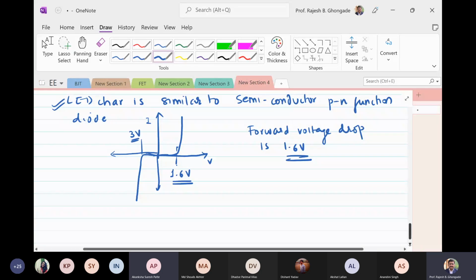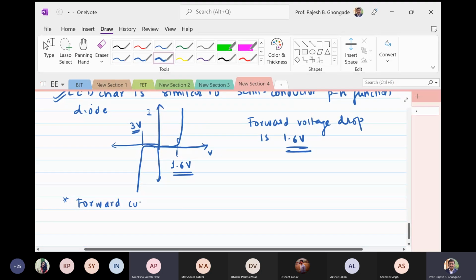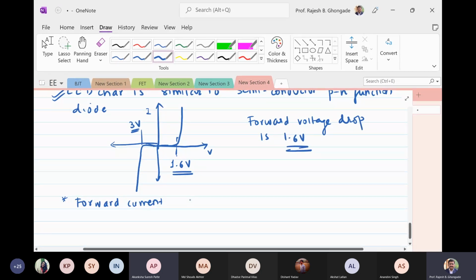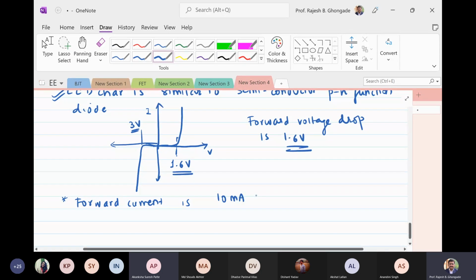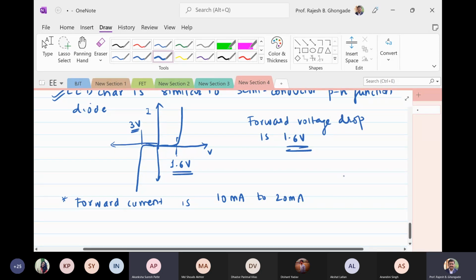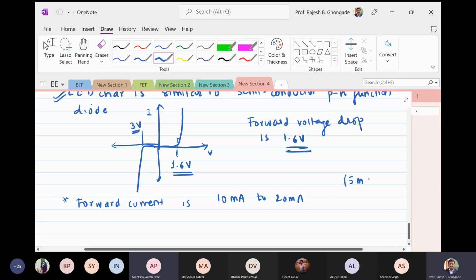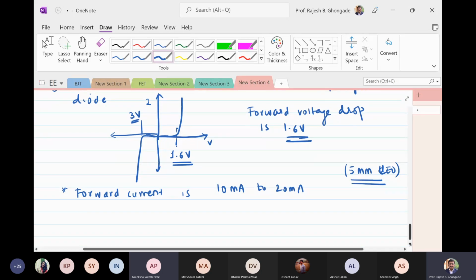Now the forward current is usually 10 milliamperes to 20 milliamperes. This is for the 5 millimeter diameter LED that we usually come across. There are different LEDs with different dimensions and they have smaller forward current capacity.